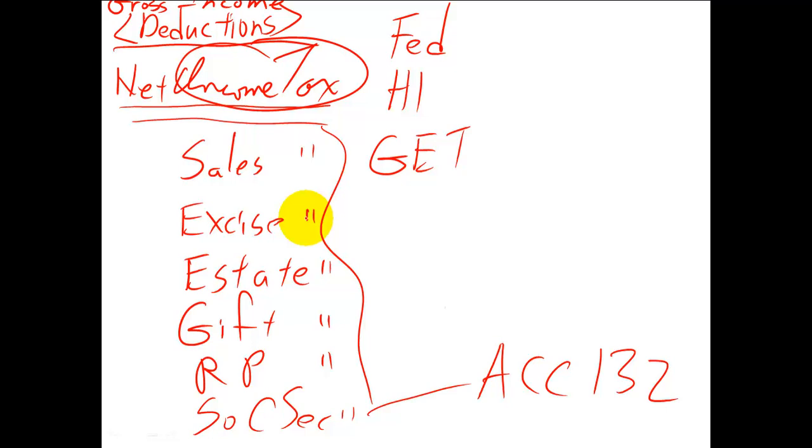Even some cities, like New York City, have an income tax. So if you live or work in New York City, you pay a federal, state, and city tax. Again, we're focusing on federal, and I'll point out any differences between Hawaii and federal throughout the semester.